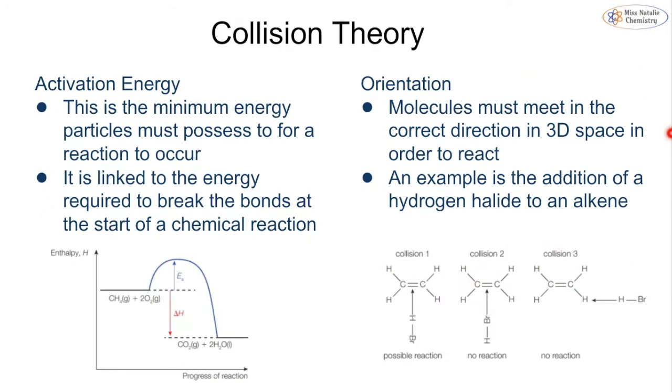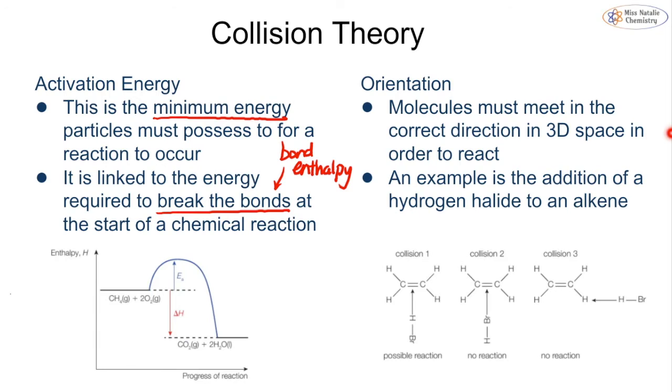So if we look at these in a little bit more detail, the activation energy, as we've said, is the minimum energy that the particles have to have, and it is linked to the energy required to break the bonds at the start of a chemical reaction. So it can be linked to bond enthalpy. That's how much energy it takes in order to break that bond, and that then allows the chemical reaction to start.